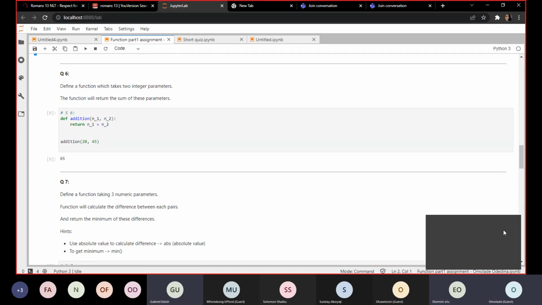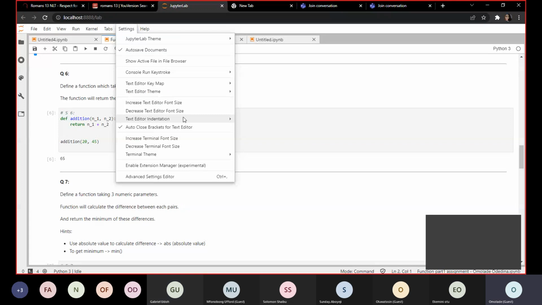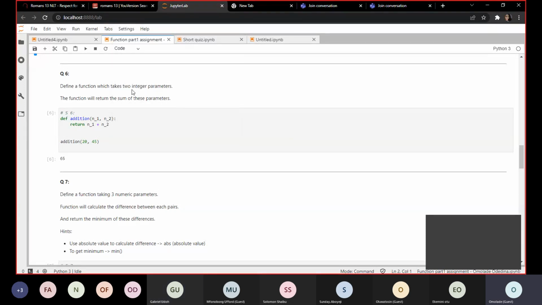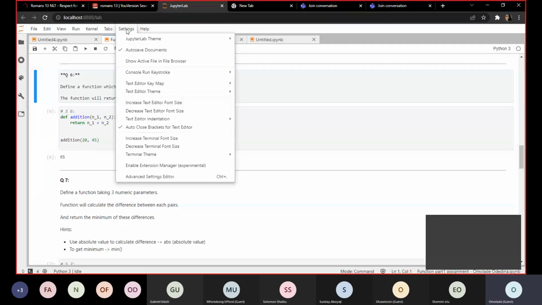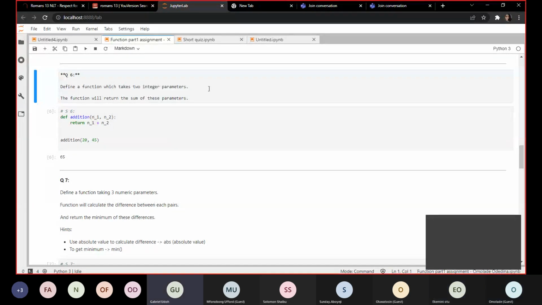I saw somewhere under the settings where you can increase the text editor font size, but it's not coming up. I've tried it and googled it. I'm using Jupyter Lab.